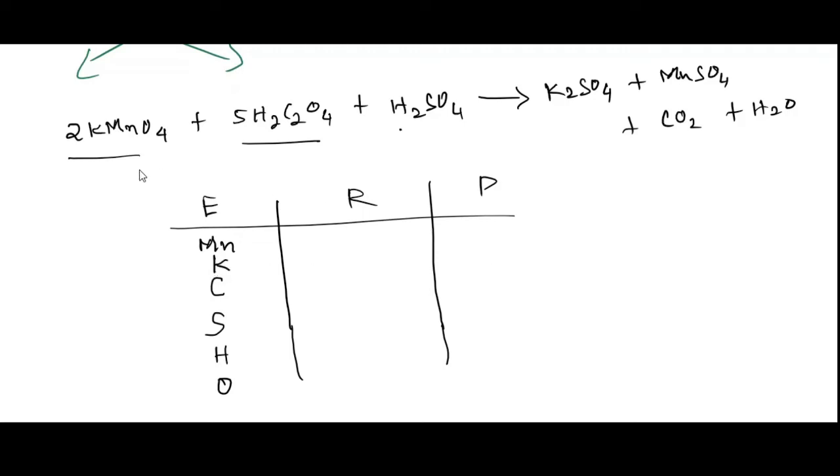Okay, right. How many elements are there? Manganese. There are two manganese on the left side. And what about here? There is only one manganese. Then what about potassium? There are two potassium, and here there are two potassium. Okay, and carbon, 5 twos are 10. So we can put 10 carbon here.